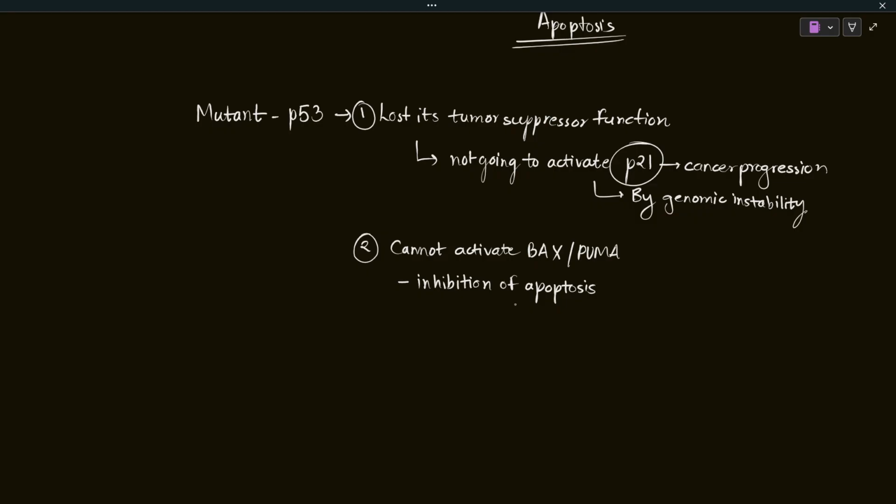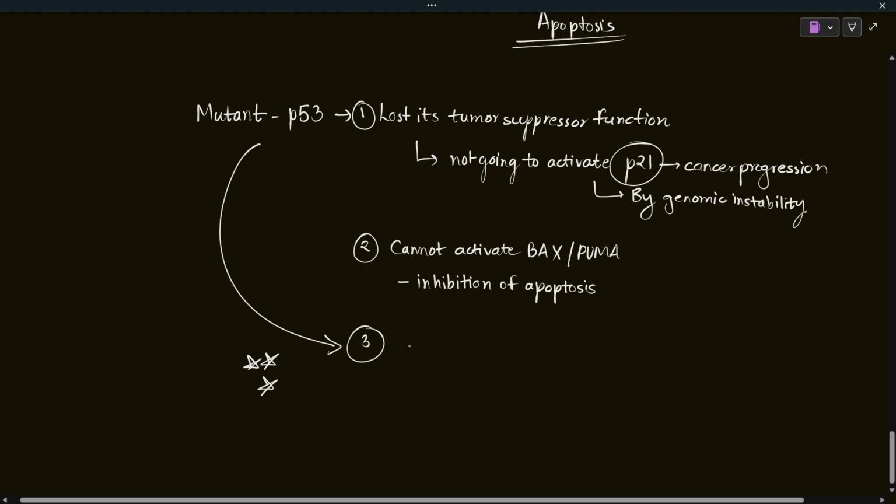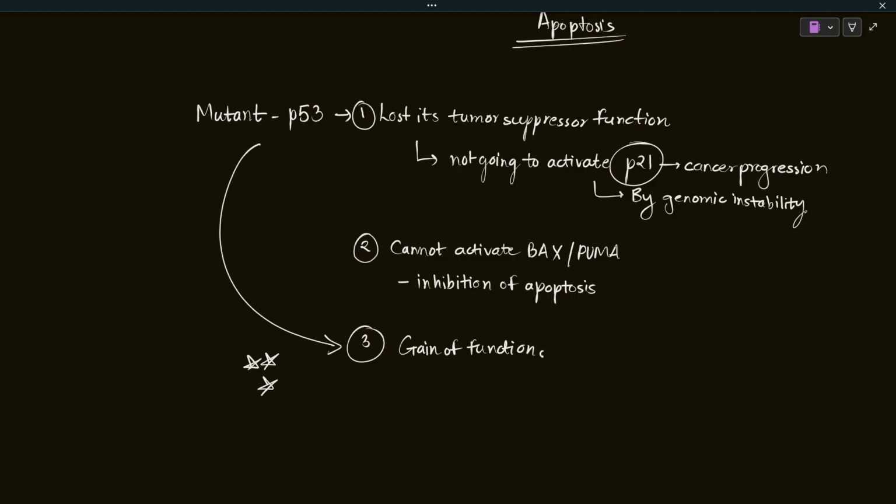So inhibition of apoptosis is seen in the mutant p53, and mutant p53 has a very important and characteristic function: it shows gain of function of oncogenesis. This is very crucial, because this is not generally seen in tumor suppressor genes.